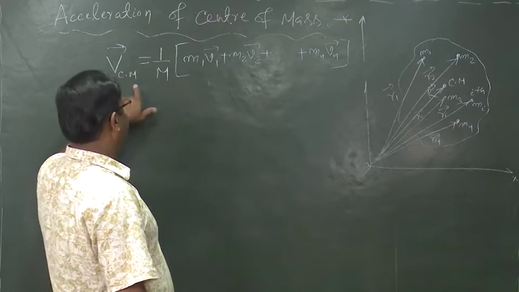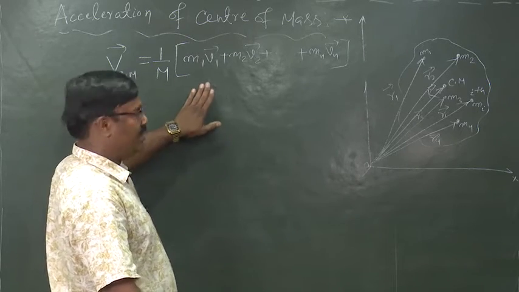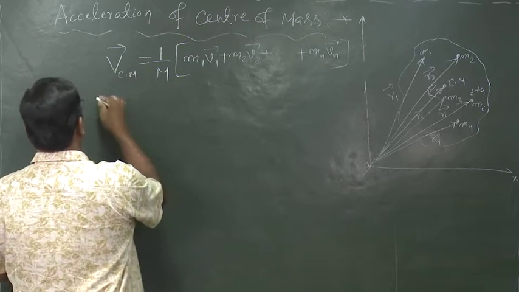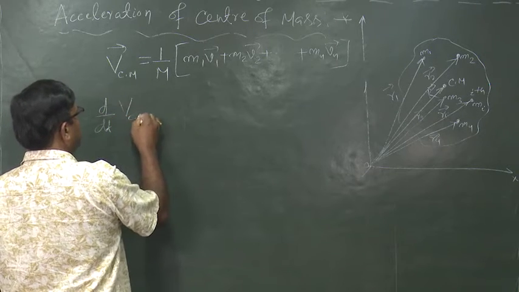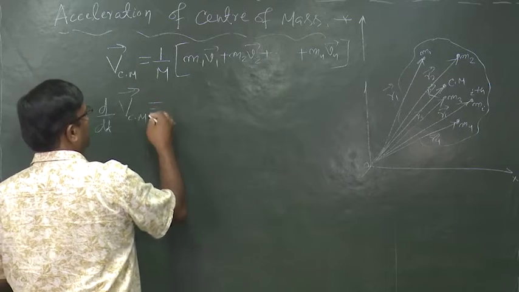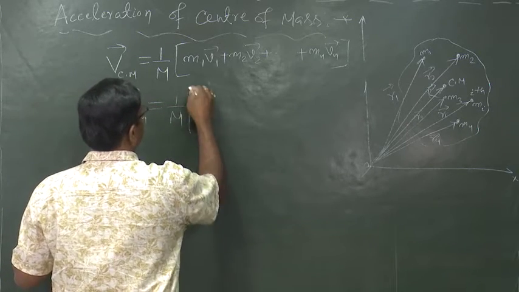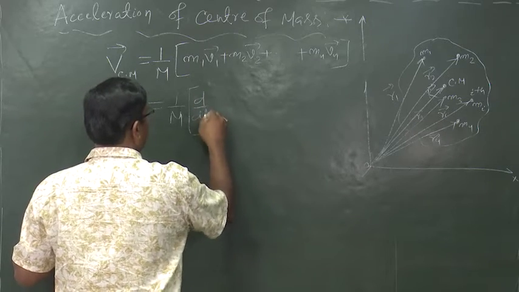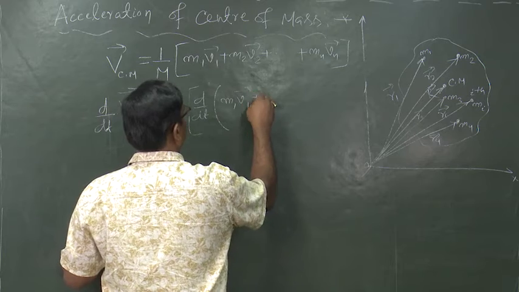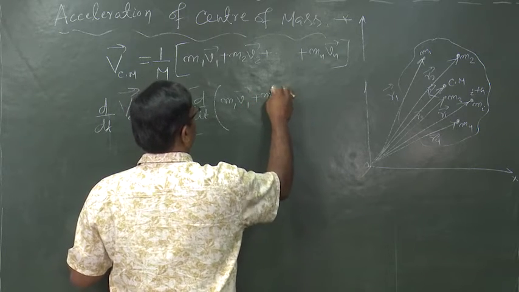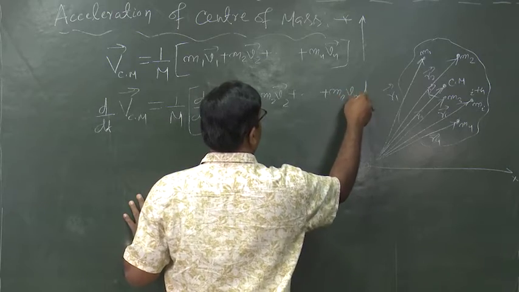Now, taking the derivative of both sides of this equation, we can write d by dt of v center of mass is equal to 1 by m d by dt of m1 v1 plus m2 v2 plus up to mn vn.